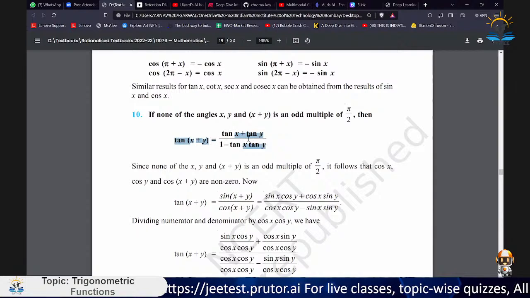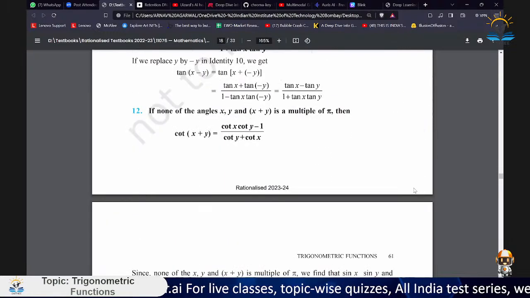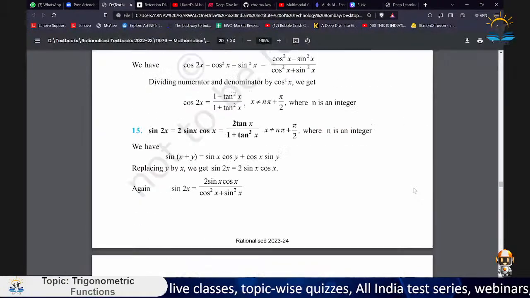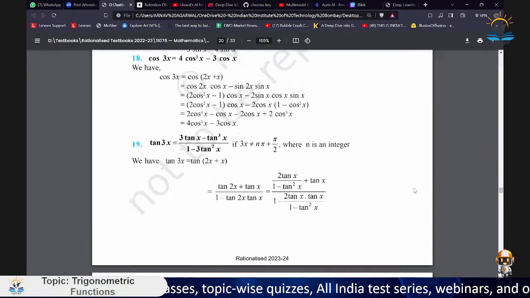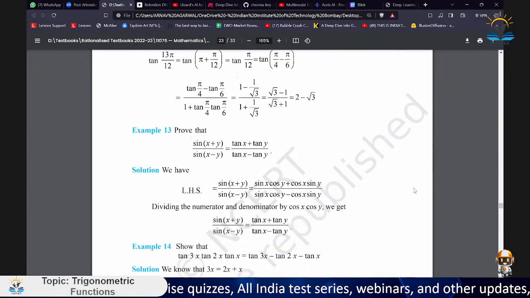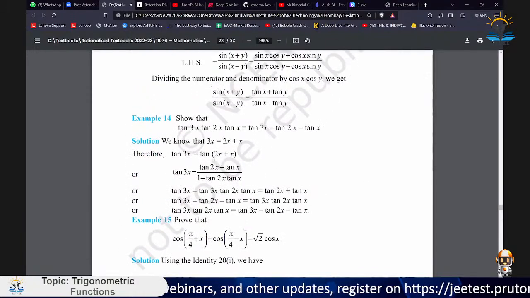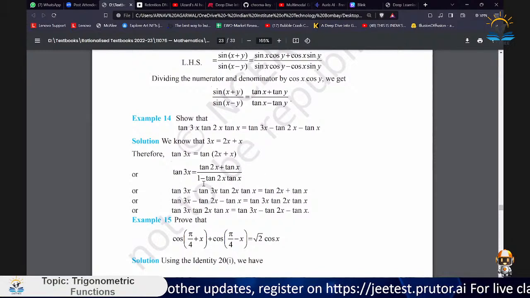So when we put it that way, we can get tan 2x plus x as tan 2x plus tan x upon 1 minus tan 2x tan x.